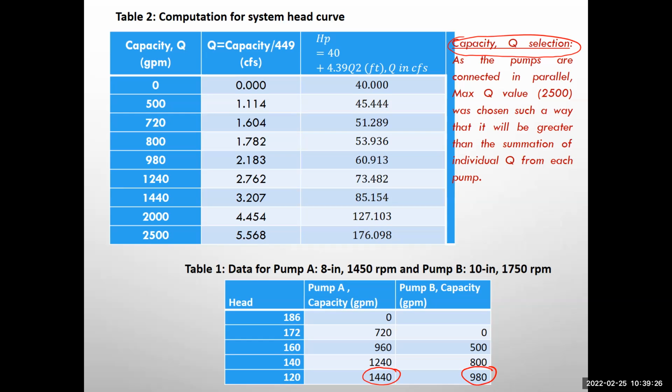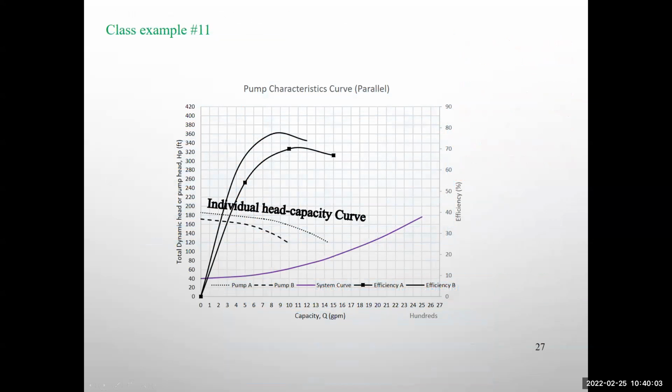Now, since we will add the pumps and we need to get a point where these two curves cross each other, for system head computation I chose a maximum value greater than the summation of the individual ones, so that I can still get a meeting point. It can be 3000, it can be 3500, it doesn't matter as long as it's greater than the summation of these two. Okay, so you already have the system curve.